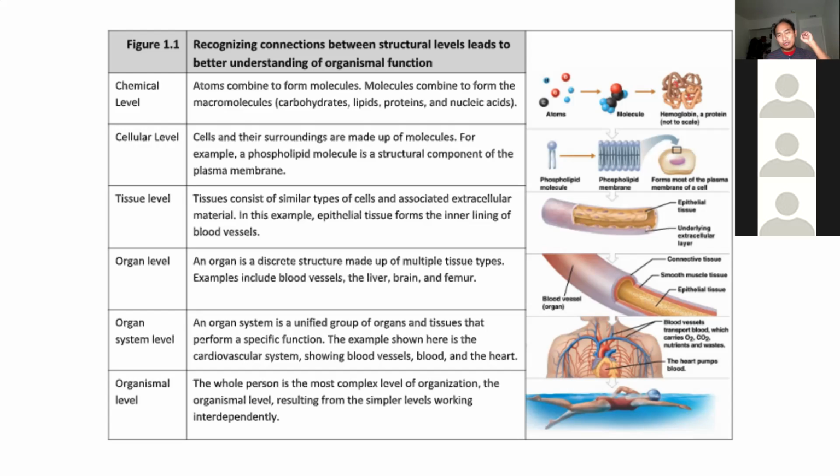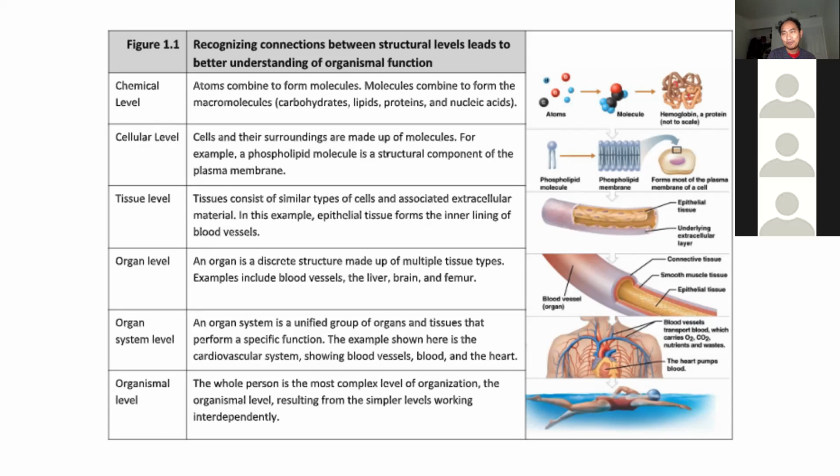Although there are trillions of cells in our body, we only have 4 types of tissue. These tissues are epithelial tissue, connective tissue, nervous tissue, and muscle tissue. So it doesn't matter whether it's 30 or 40 trillion cells in our body, we group them into 4.